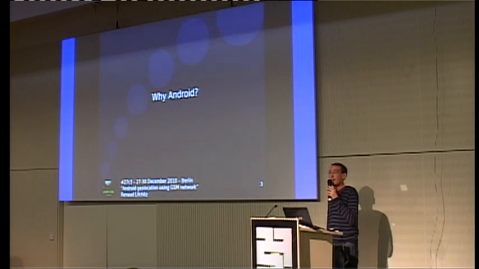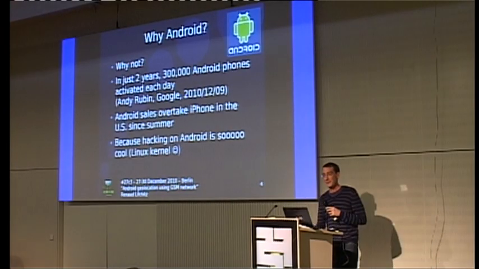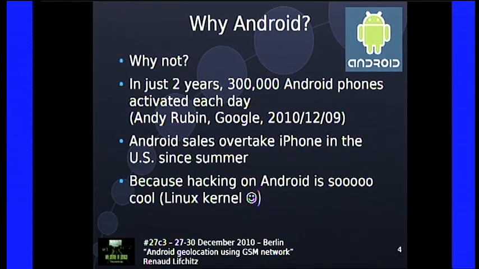So first of all, why Android and not iPhone or BlackBerry, for instance? Why not? In just 2 years, Android has made an impressive market share. For now, nearly 300,000 phones are activated each day, according to Google, says Andy Rubin, who is the director for the Android part of Google activity. And now Android sales overtake iPhone since summer.